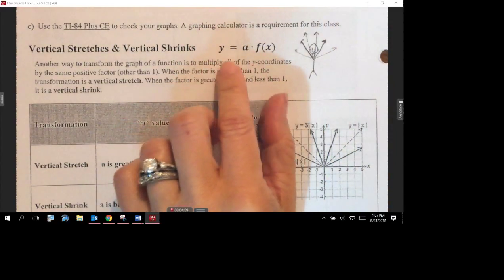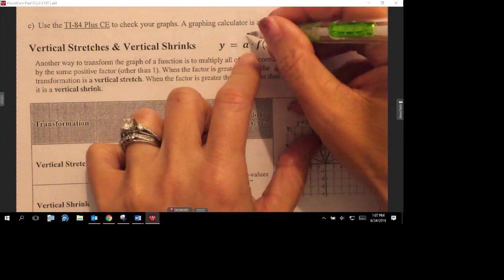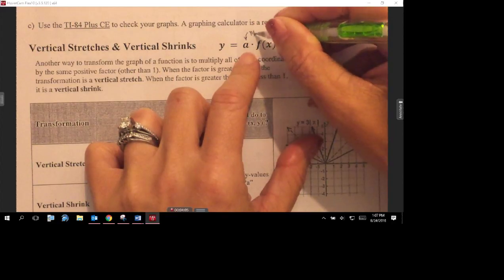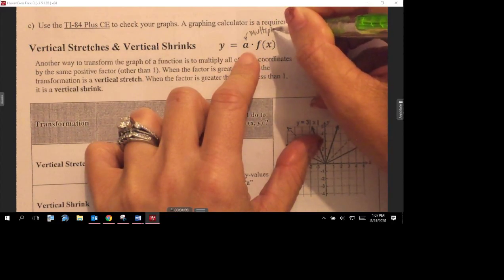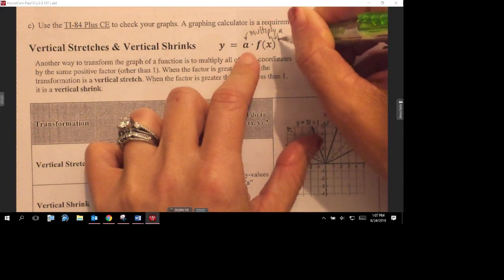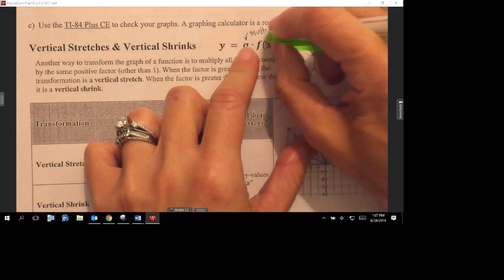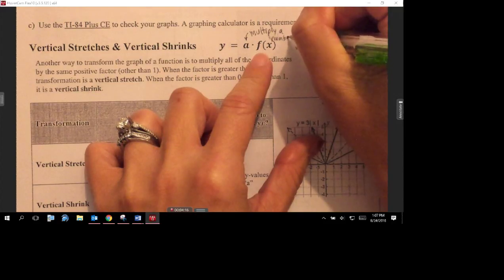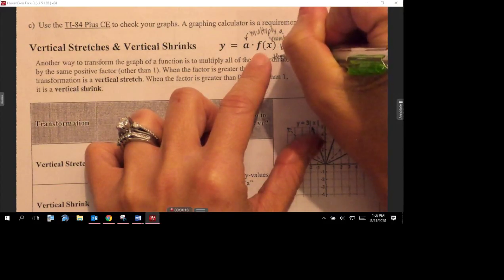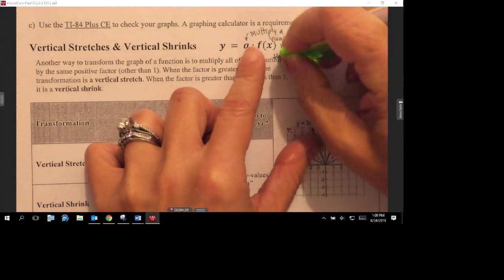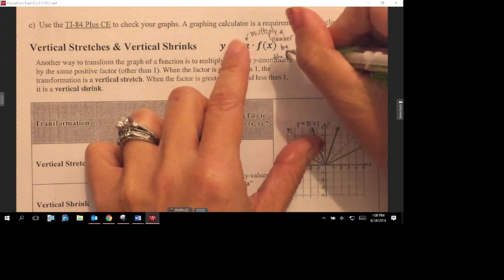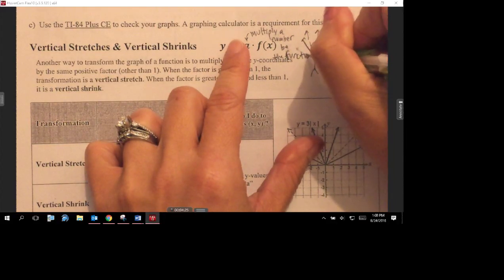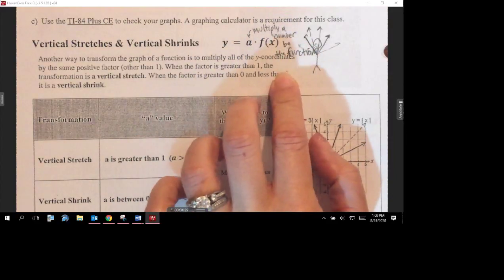Now, to have a vertical stretch or shrink, we are multiplying a number by the function.